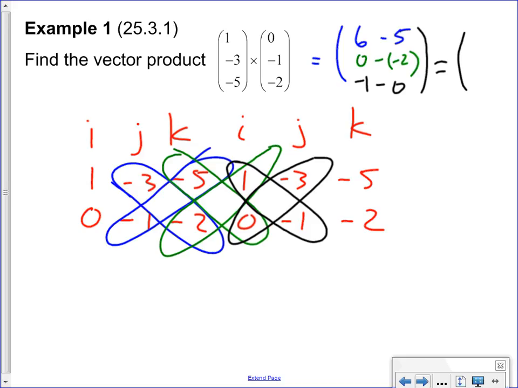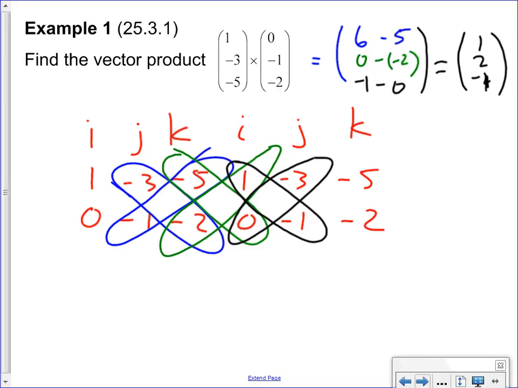And then 0 plus 2 is 2. And 1 minus 0 is just -1 again? Is that right? You sure? Looks good? Oh, -1. Does that work out? Okay. No big deal.